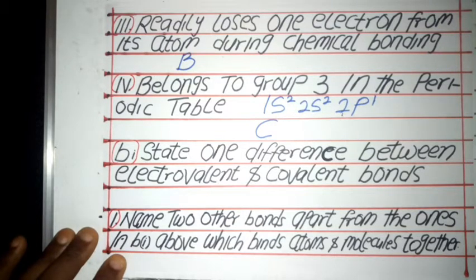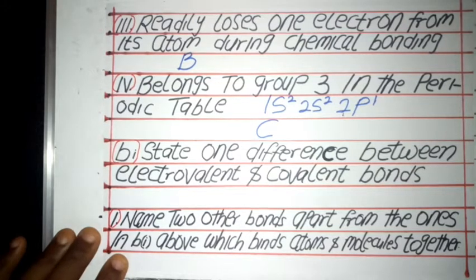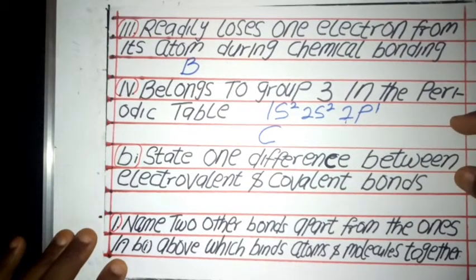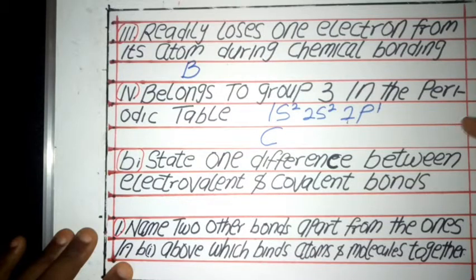Of course, we know we have van der Waals attraction or van der Waals bond. We have hydrogen bond. We have metallic bond. We also have dative or coordinate bond. So those are other examples of bonds apart from electrovalent and covalent.